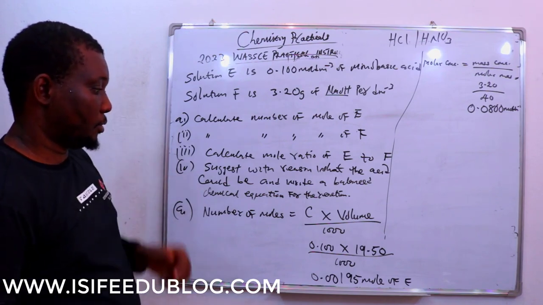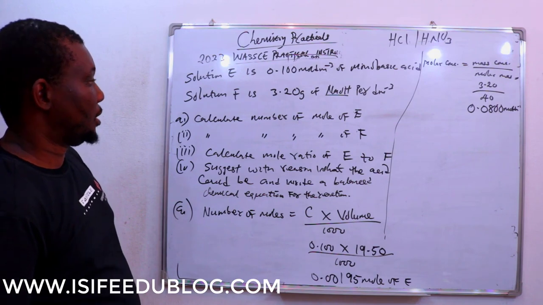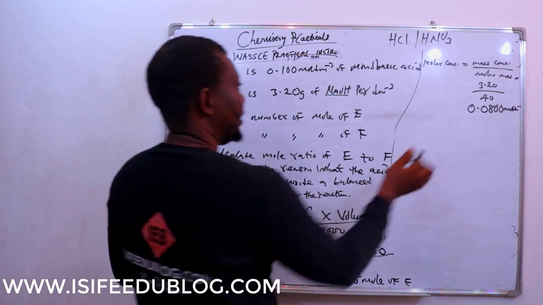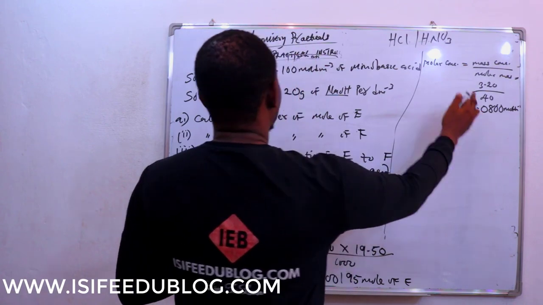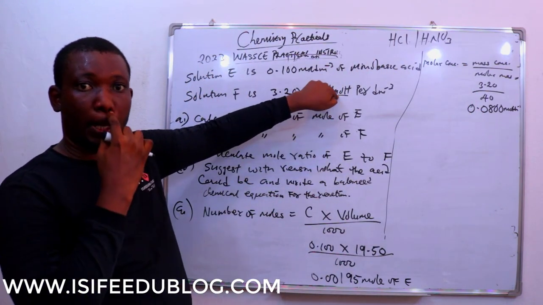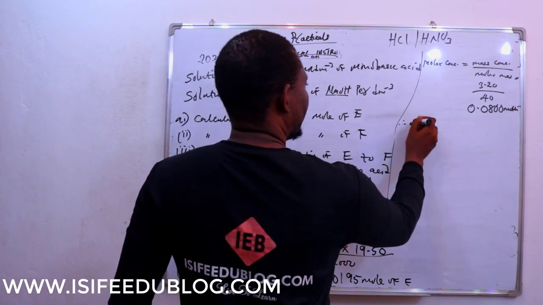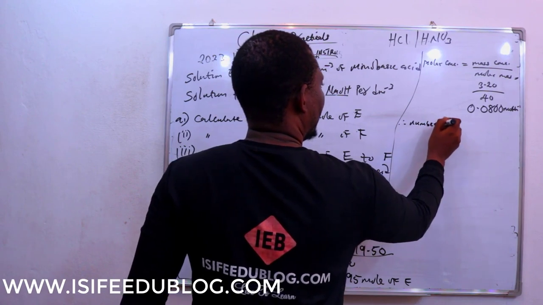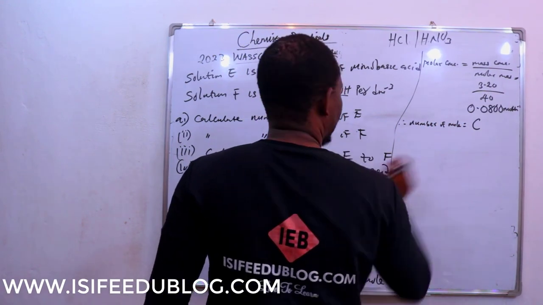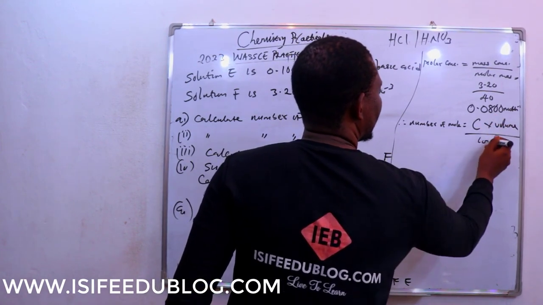So now at this point, you can now find what will now be in the volume of this repeated. That's 25. So now say, therefore, number of mole is equal to concentration, just like this, times volume over 1000.